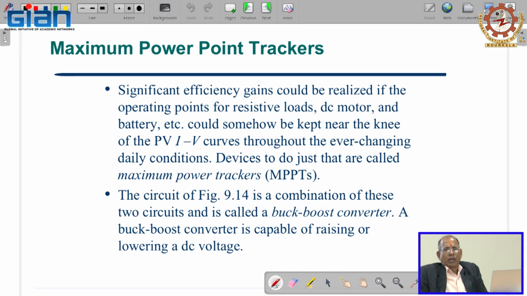Now let us talk about MPPT, the concept of maximum power point trackers.